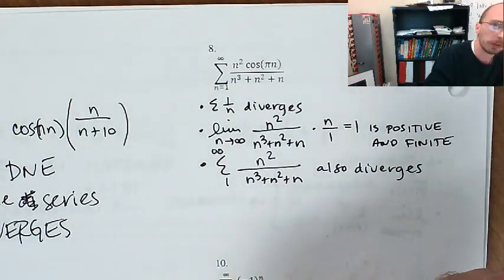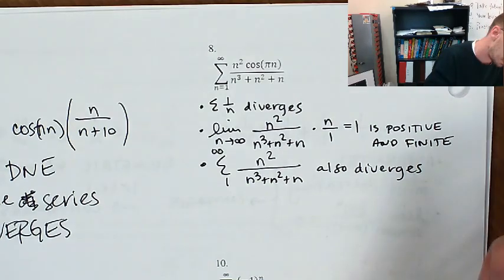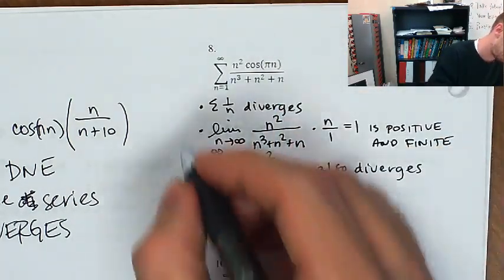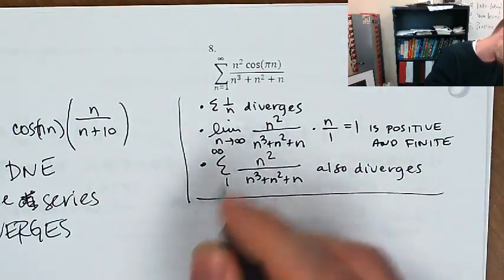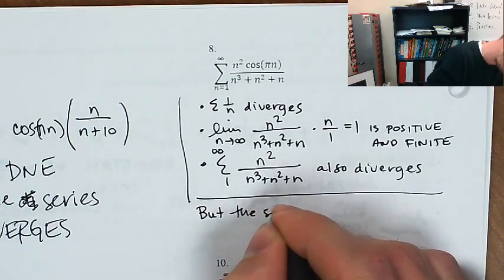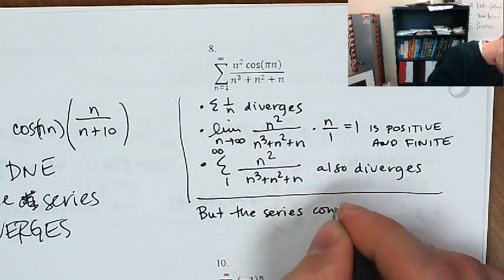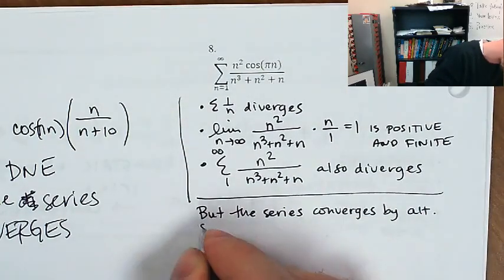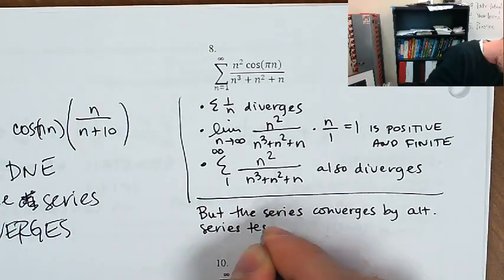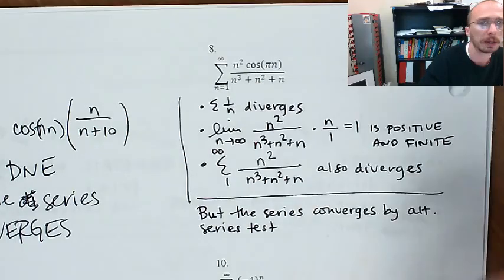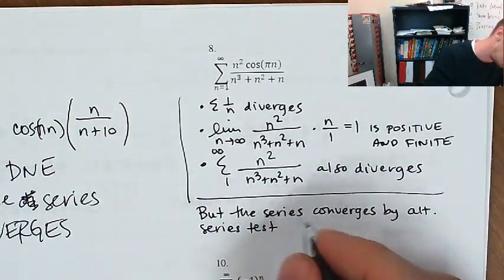Okay. Now I'm going to also say that the series itself definitely converges by the alternating series test because it's bigger on bottom and alternating, but we need to check the 3 conditions.